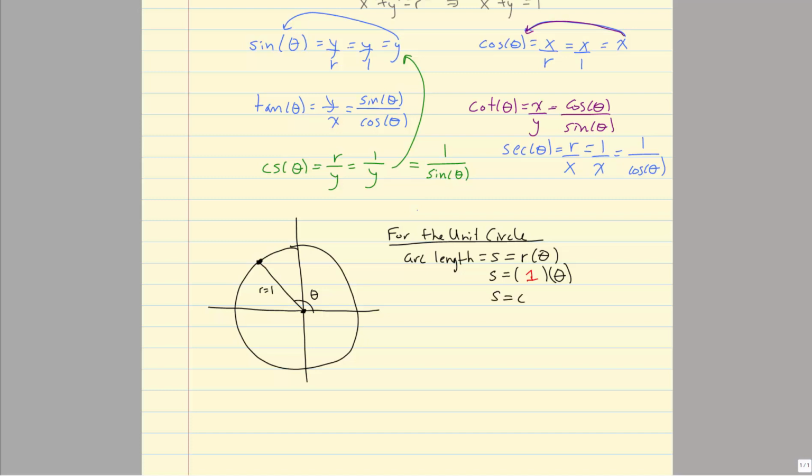So I just get s equals theta. So for the unit circle, the arc length is equal to that central angle. So in this particular case, the arc length from this point at 1, 0 through pi over 2 radians to this point xy, this value of theta is also equal to the arc length. So in this case, s equals theta, and this only happens when the radius is equal to 1.